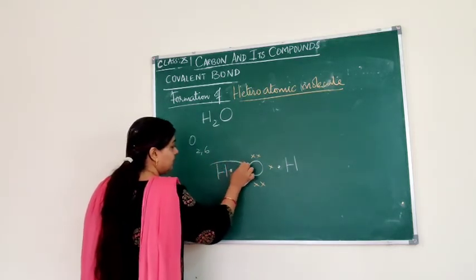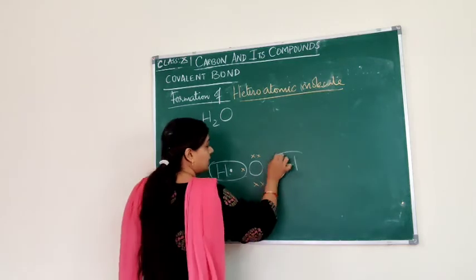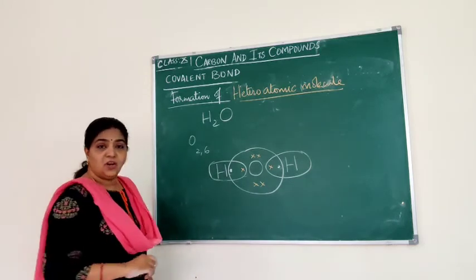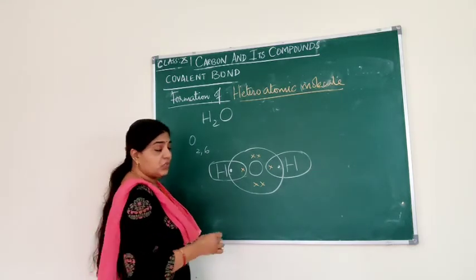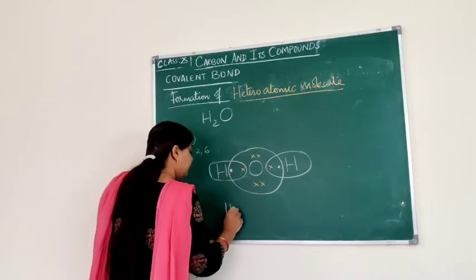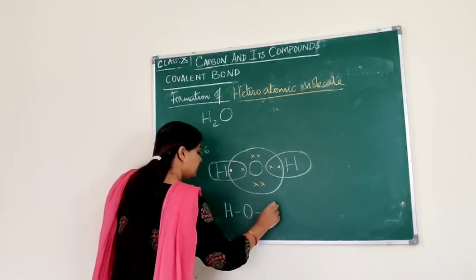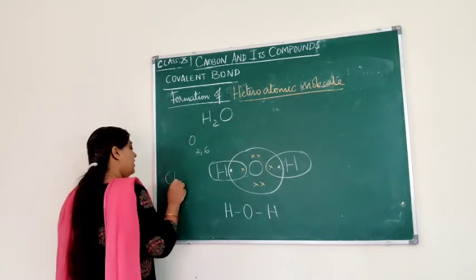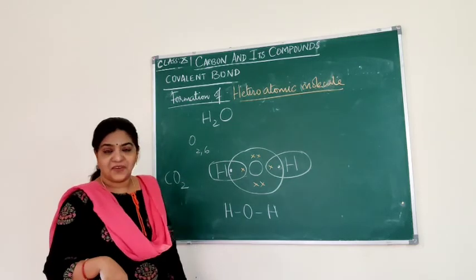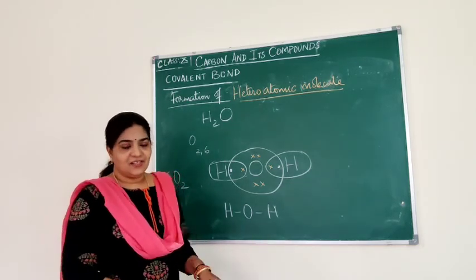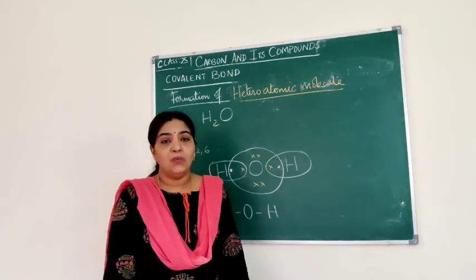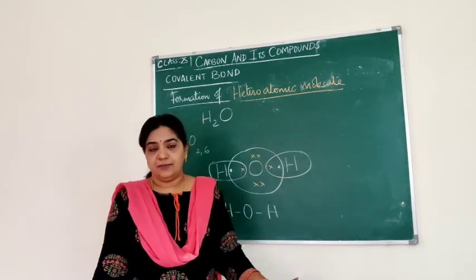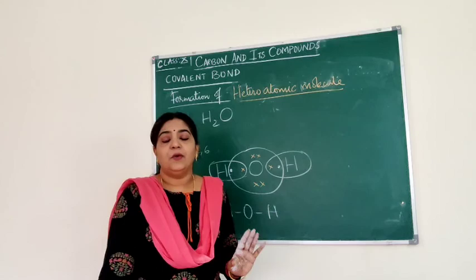Now you see hydrogen has become stable and oxygen also becomes stable. Only 1 electron is shared by each hydrogen. Now you try carbon dioxide. I hope now you understood what a covalent bond is and how it is formed, and you have learned the different examples. I hope you understood so much.